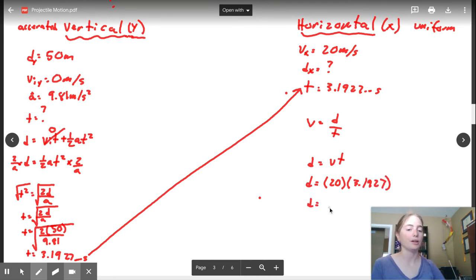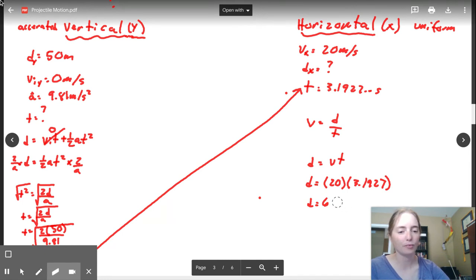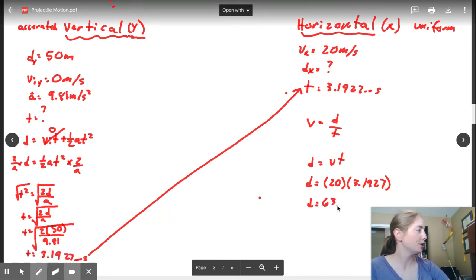Okay, so ladies and gentlemen, once you plonk that into your calculator, you're going to wind up with 63. That's a 3. That's a really messy 3. There we go. 63.855... So, sig digs, units.